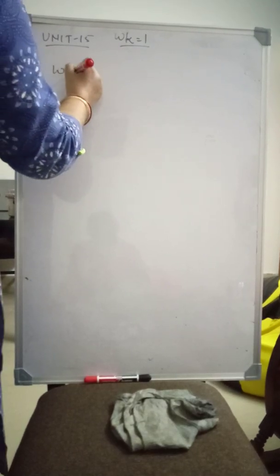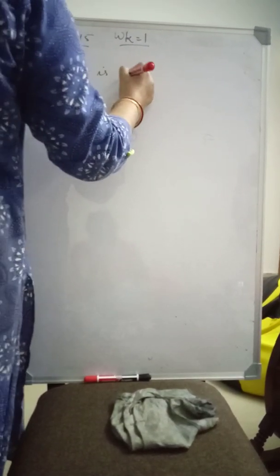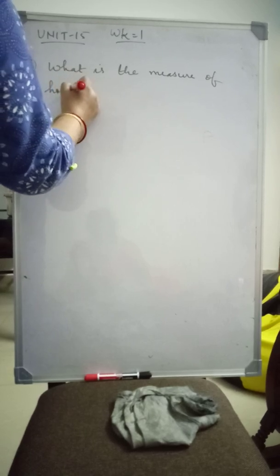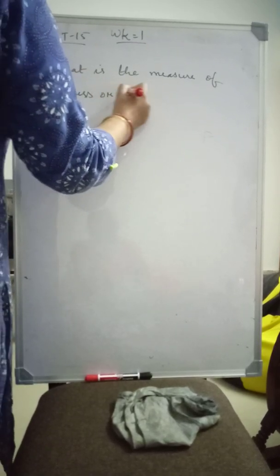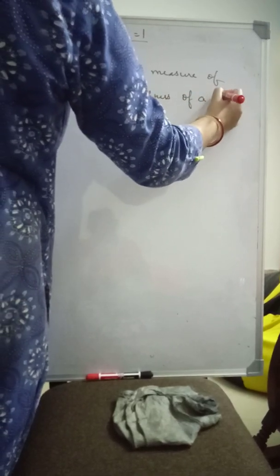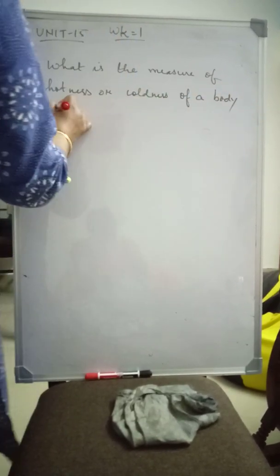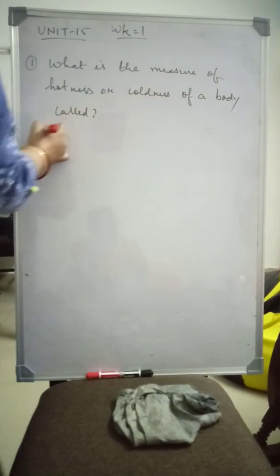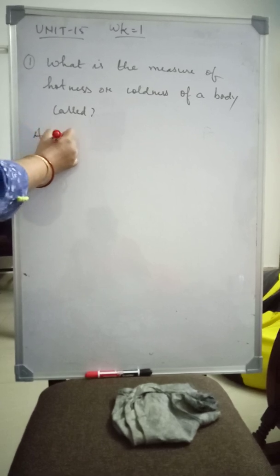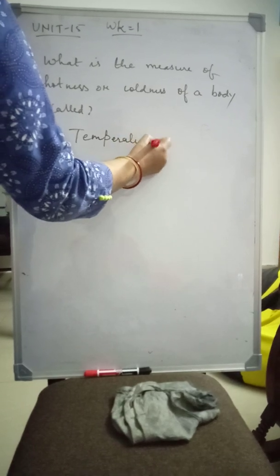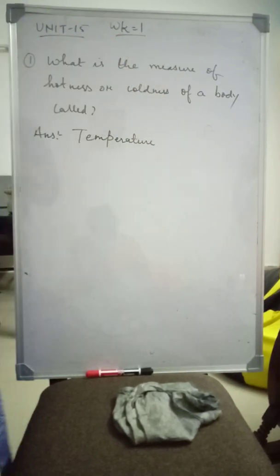What is the measure of hotness or coldness of a body called? The answer is temperature. Temperature is the measure of the hotness and the coolness of the body.